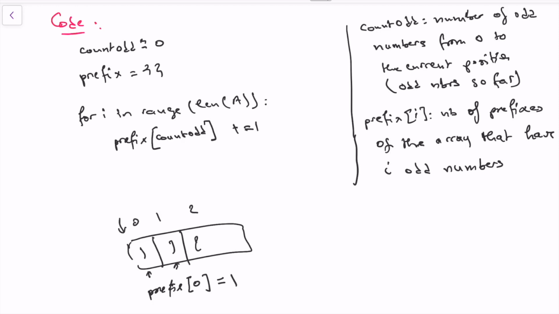Now when I go here, I already have 1 odd number. So the prefixes just before that position that have 1 odd number, that's just 1. That's this here. And then when I move to this position, the number of subarrays that have 2 odd numbers, I would have this one, right? So that would be 2. So you get the idea.